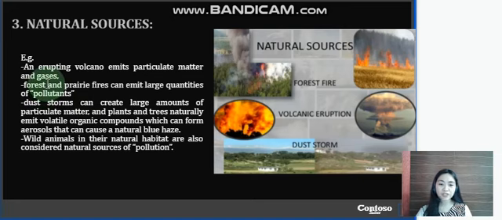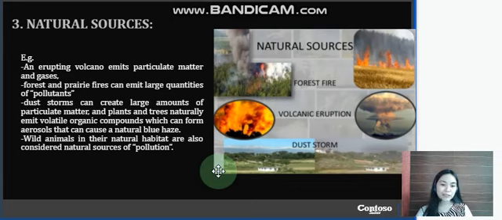Forest and prairie fires, nag-e-emit sila ng large quantities of pollutants. Dust storms can create large amounts of particulate matter, yung mga maliliit na dust, and plants and trees naturally emit volatile organic compounds which can form aerosols that can cause a natural blue haze.